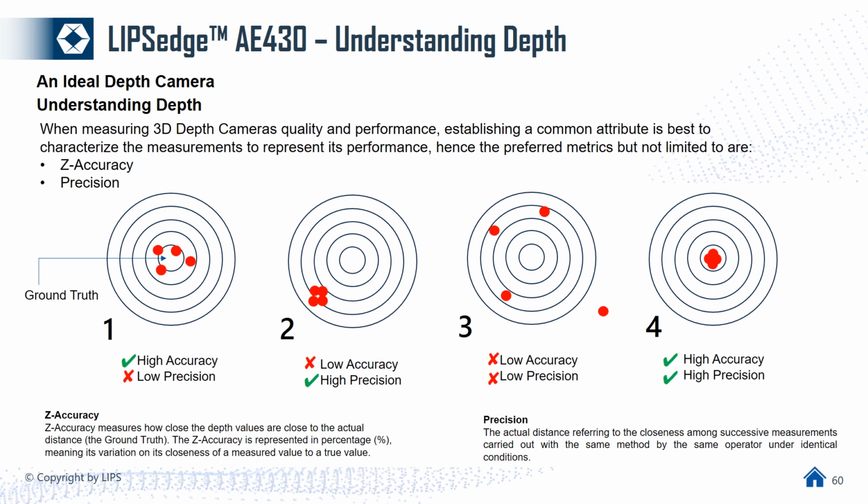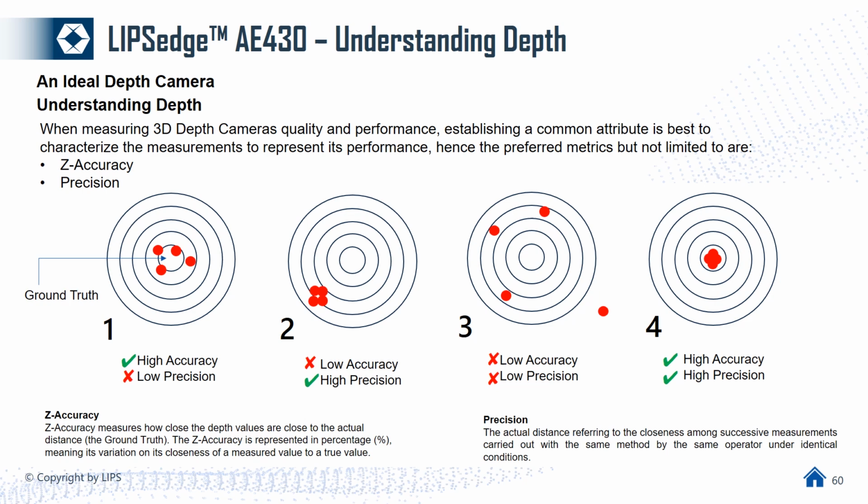Z-accuracy measures how close the depth values are to the actual distance, called the ground truth. The Z-accuracy is represented in percentage, meaning its variation on the closeness of a measured value to a true value. Precision refers to the closeness among successive measurements carried out with the same method by the same operator under identical conditions.